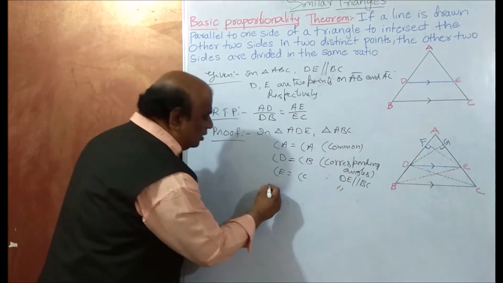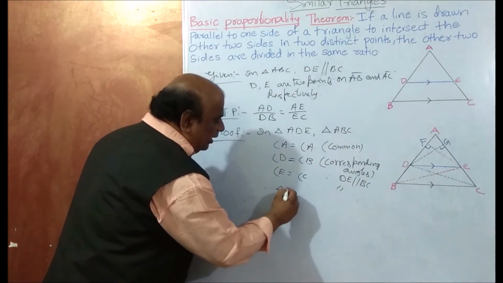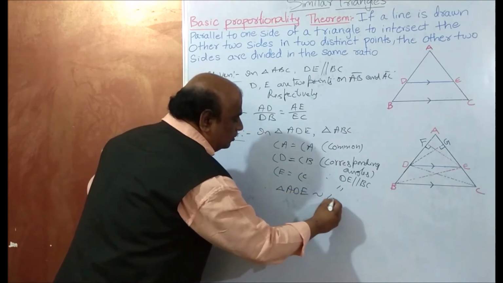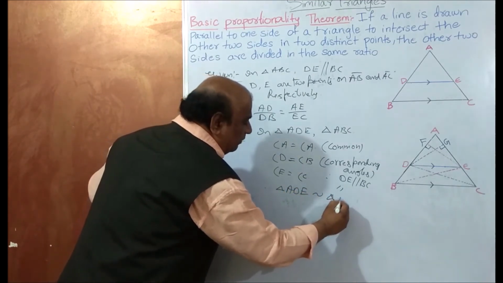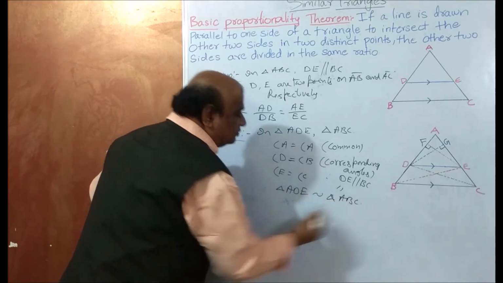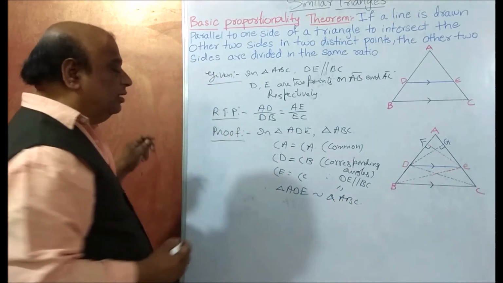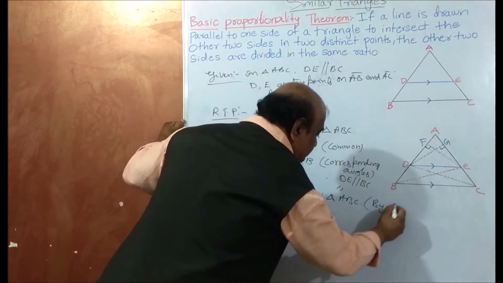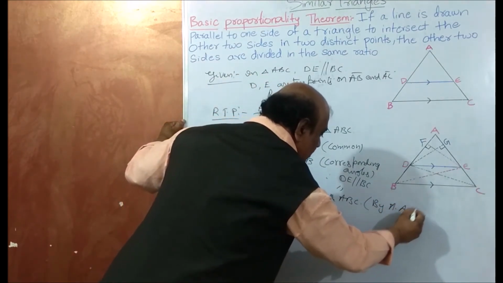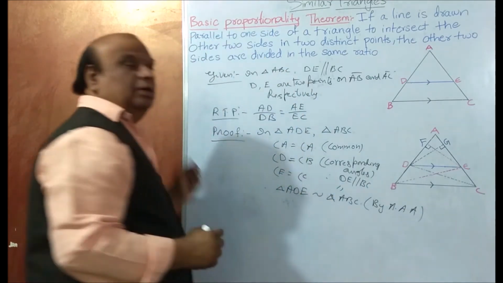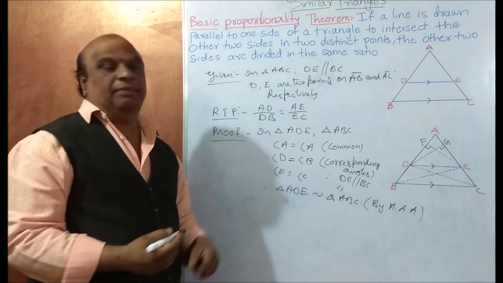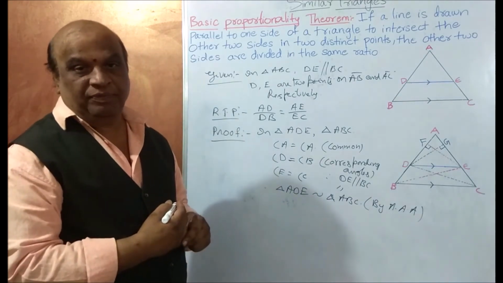Therefore, triangle ADE is similar to triangle ABC by AAA similarity. By AAA similarity, we can take triangle ADE and triangle ABC as similar triangles.